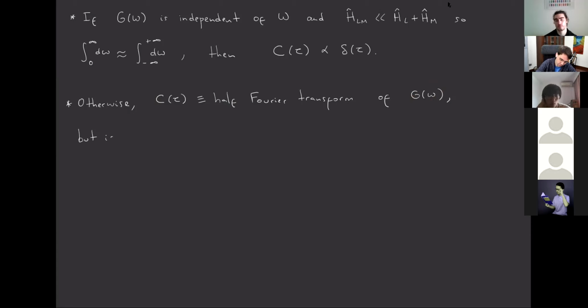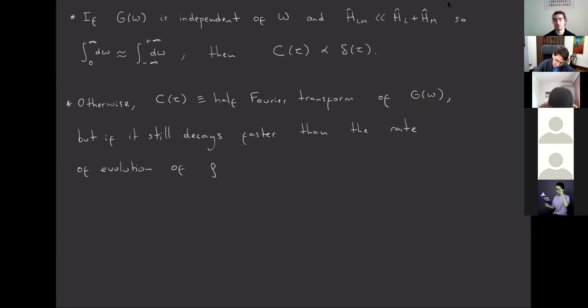So if C of t still decays faster than the rate of evolution of the atomic state, okay?